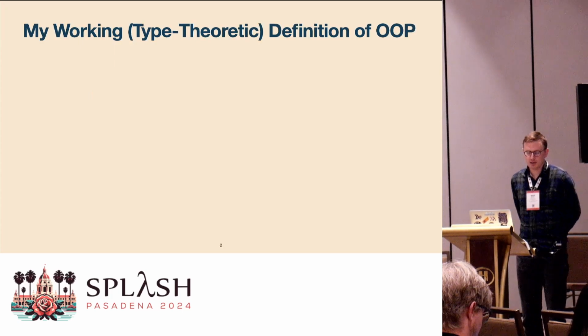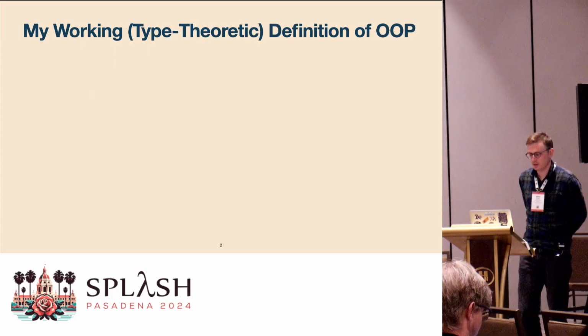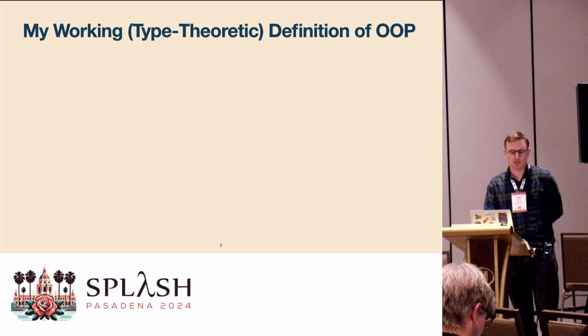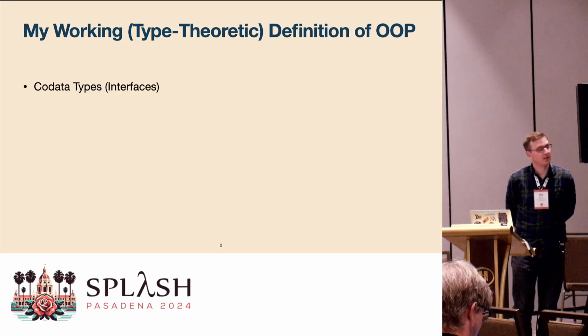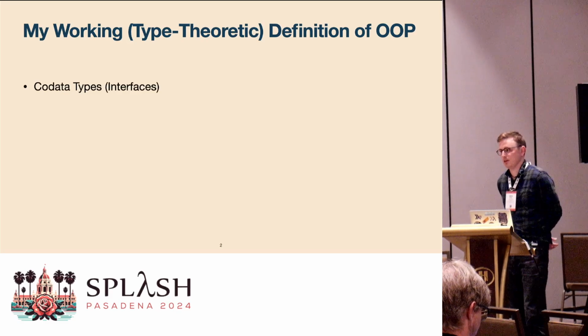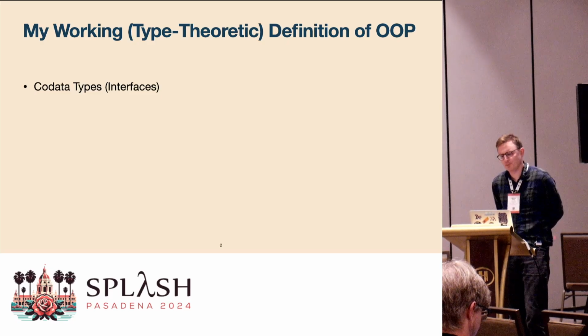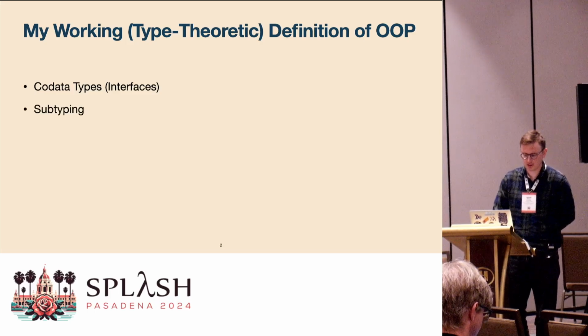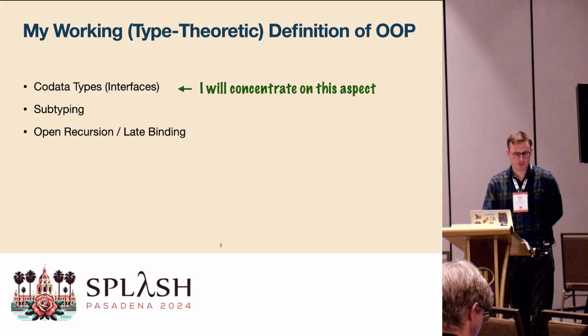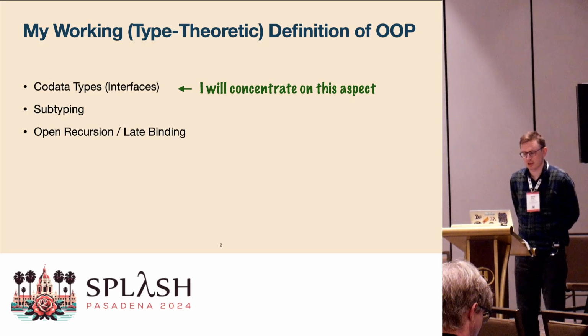My definition is that object-oriented programming consists of three parts. There are co-data types, which correspond to a purely type-theoretic description of interfaces, programming against interfaces. There is subtyping, and then there's open recursion or late binding.